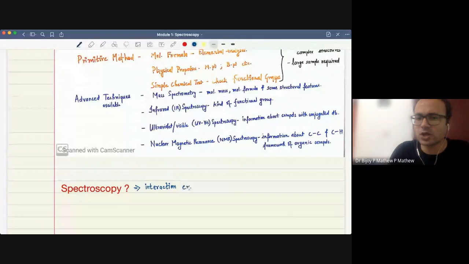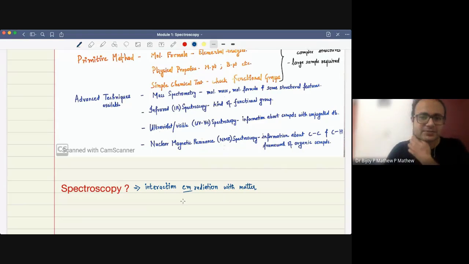Please do not write all the short forms that I'm giving here; it's for convenience. So the study of interaction of electromagnetic radiation with matter is termed spectroscopy.